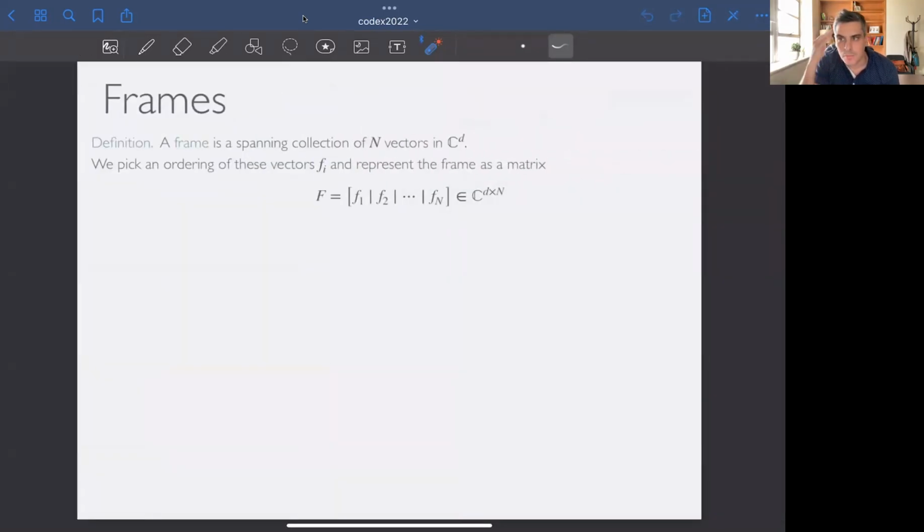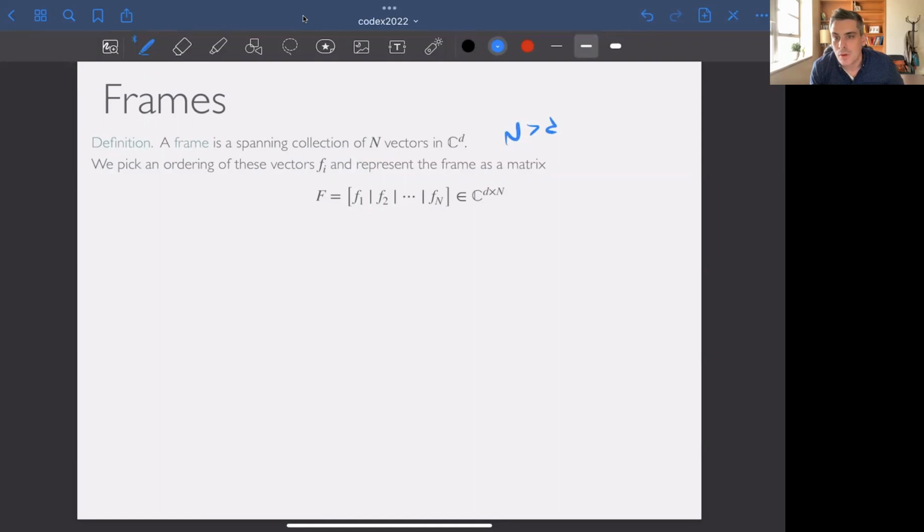Let me tell you what I think a frame is, or to set the notation for what frames are to me. A frame for the rest of this talk is always in a finite dimensional complex vector space, let's just say C^d with its standard inner product. I think of a frame as a spanning collection of n vectors where n is bigger than d.